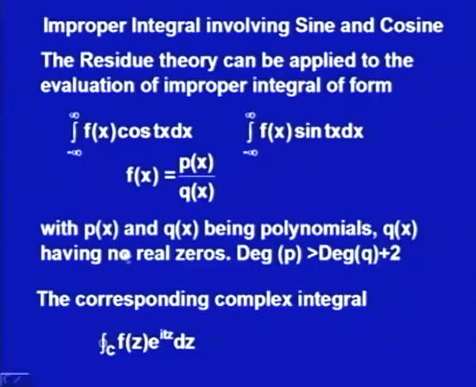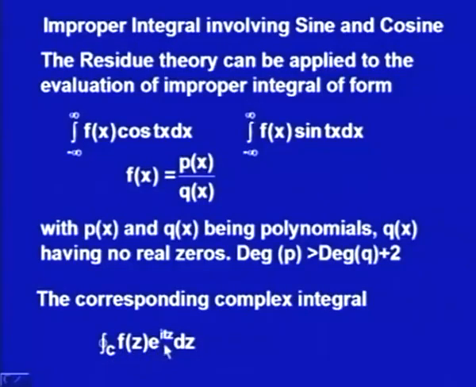And what we would do is change this integral to a contour integral of the function f(z) e^(itz) over some contour C, which we would choose as a closed contour.